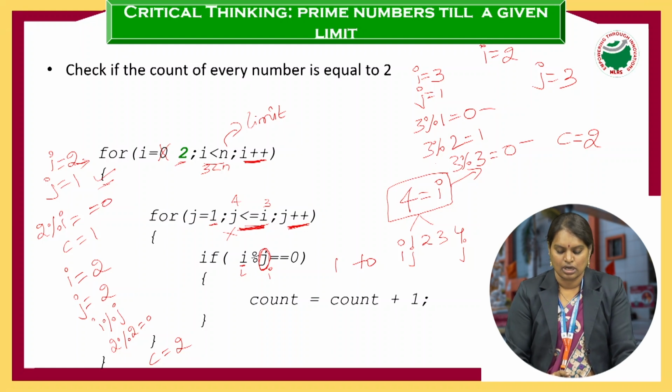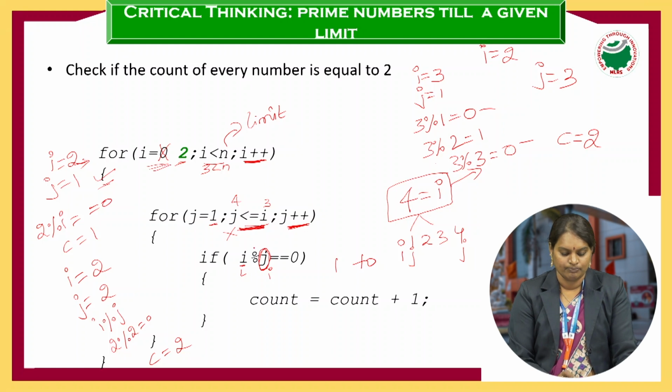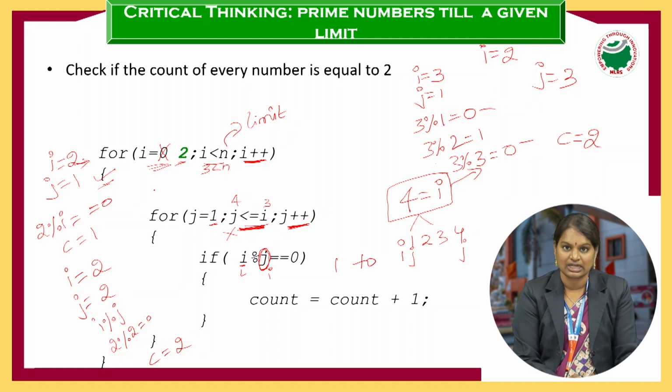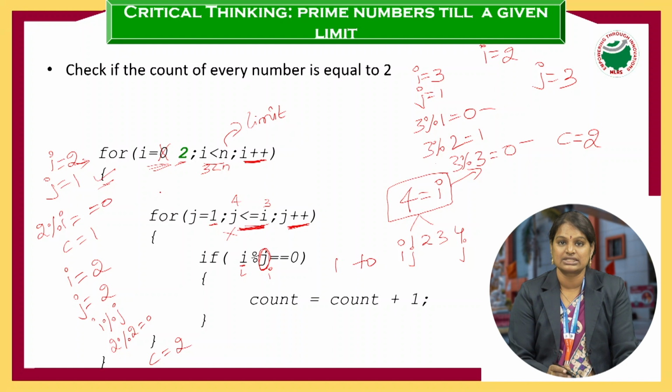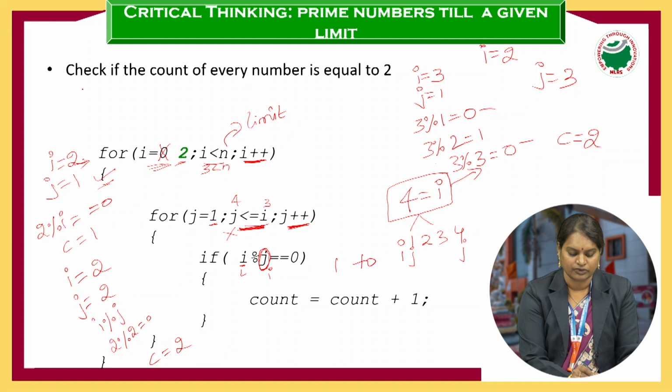But in this, what is the inner sense we have understood? Every time I increment I, I have to also check whether my count has been starting from the first. In the first case with 2, when the I value is 2, my count was 2.